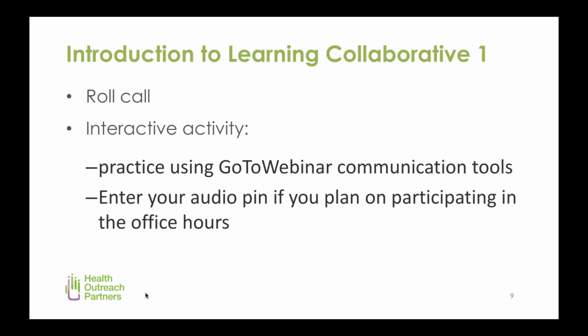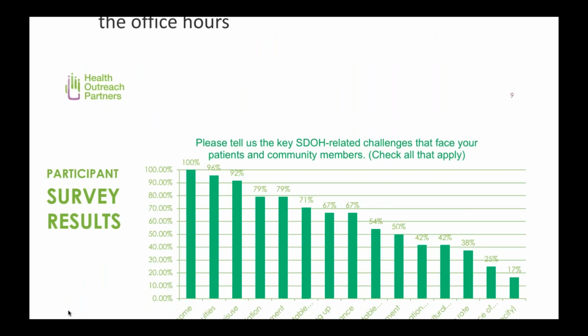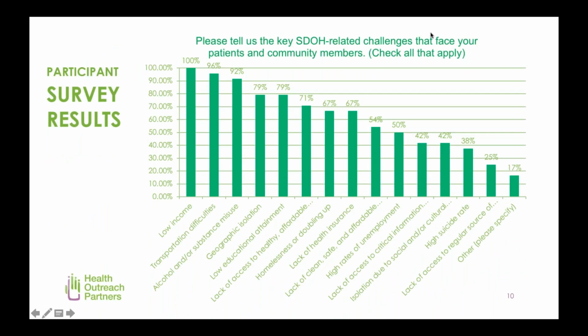I want to just really quickly show you what we heard from participants. In the survey, when you were asked to talk about the key SDOH-related challenges facing your patients and community members, it was very interesting. Every single person who responded to this survey, and it was most of you, listed low income as a factor.